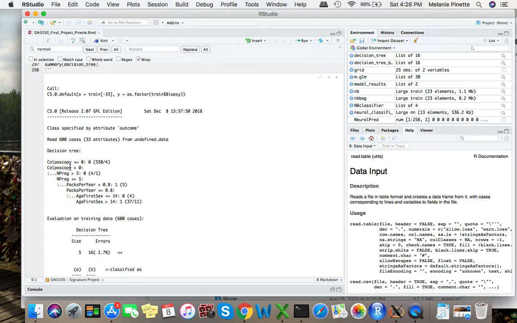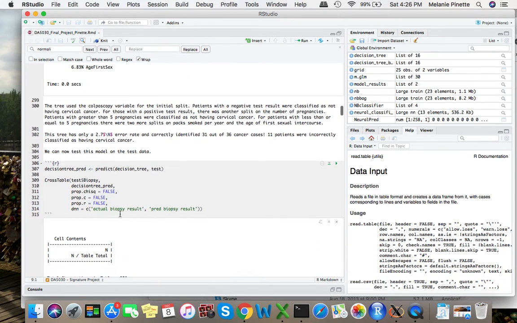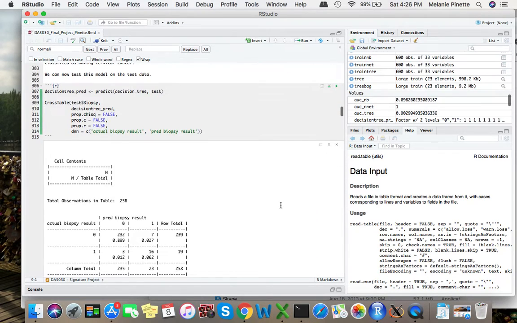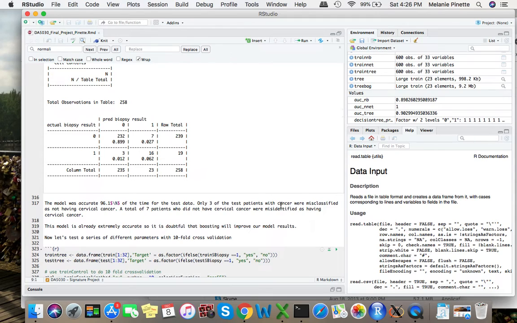So let's test the model on the holdout data, which we already did. There is a 96.1% accuracy, which is pretty good, and 3 of the test patients with cancer were misclassified as not having cancer, which is great.